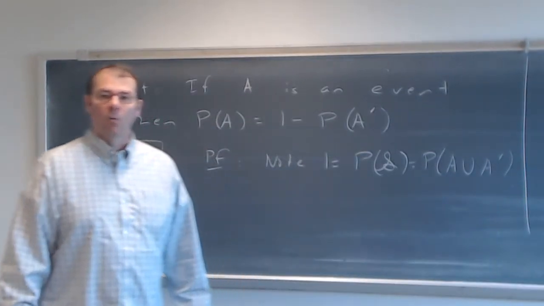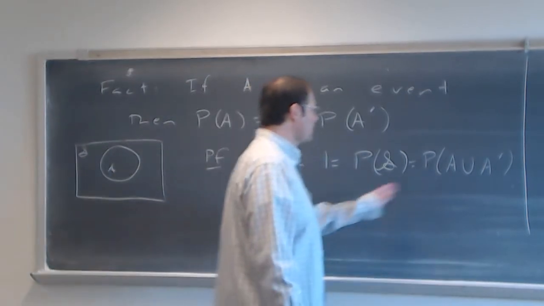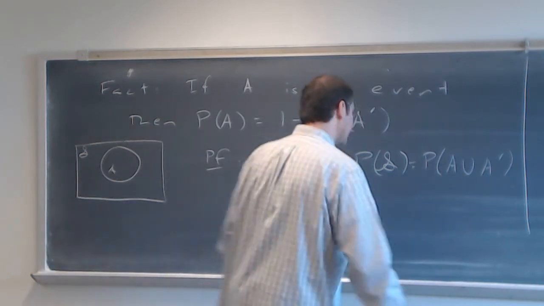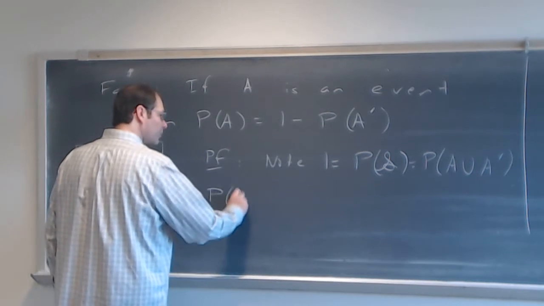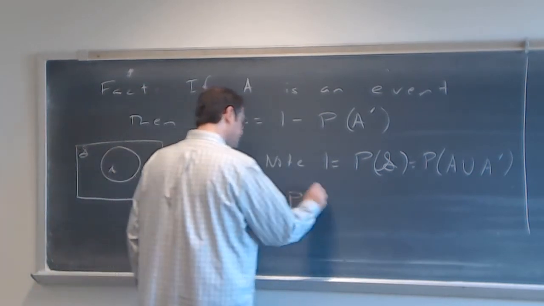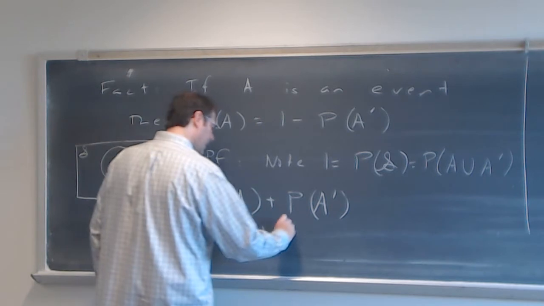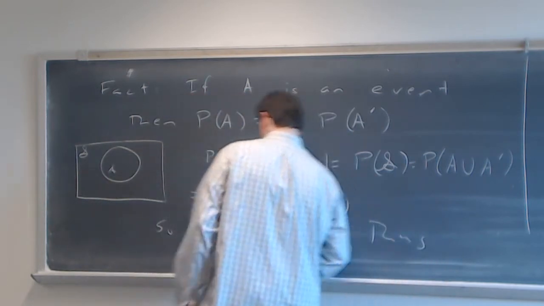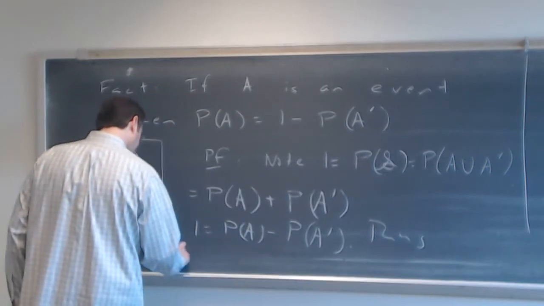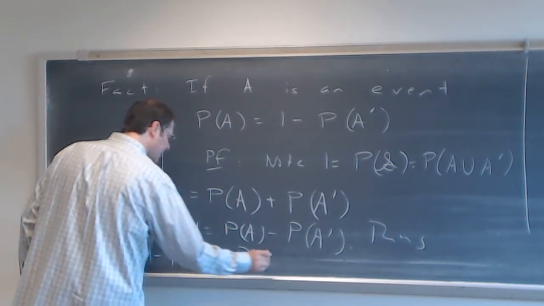By one of the conditions of probability, its definition, the probability of a union of disjoint, mutually exclusive events is equal to the sum of their probabilities. So what we have is 1 is equal to the probability of A plus the probability of A complement, thus 1 minus the probability of A complement is equal to the probability of A. And that's what we were trying to prove.